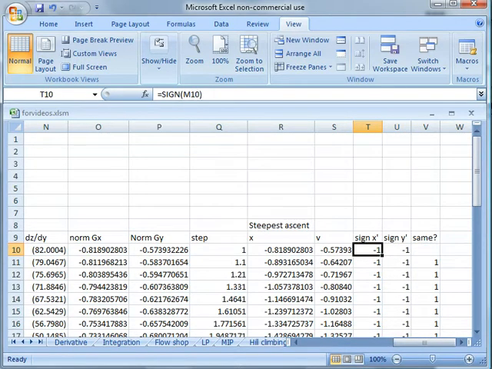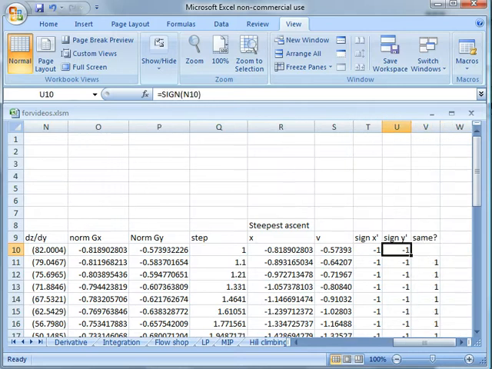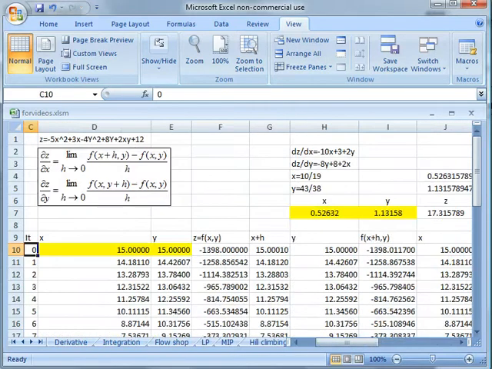And we check the signs of the gradient. The signs of the gradient right now are both negative in the x component and negative in the y component. We're going to use that later on. So once we have these components of the steepest ascent, we're going to use these as the values that we're going to add or subtract to the current points. Remember, we were originally in 15, 15 to evaluate this function.